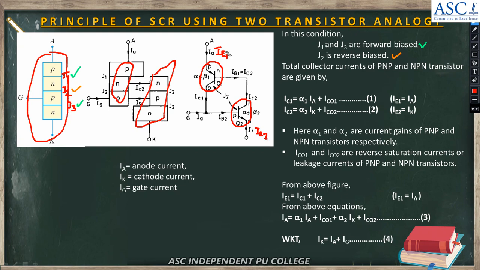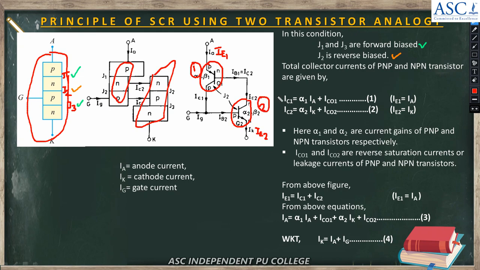This bipolar junction transistor we already studied in first PUC. The collector current, the current flowing through transistor, is due to majority charge carriers as well as minority charge carriers. If you consider PNP transistor, I will consider this as transistor 1, and this as transistor 2.